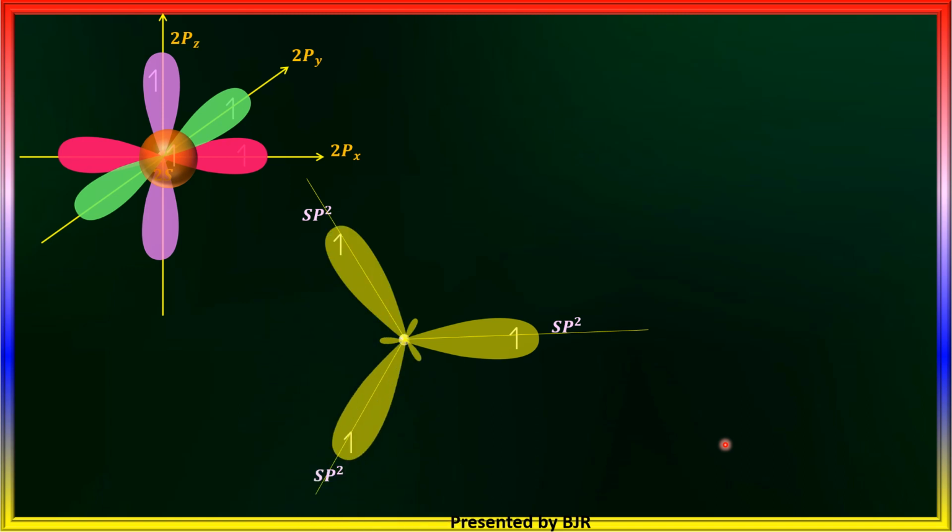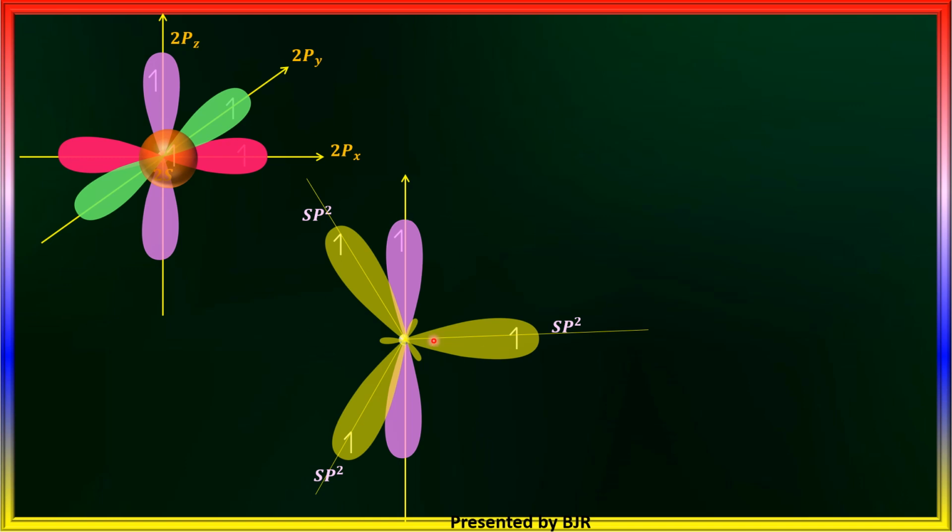That is, any two sp2 orbitals get separated by 120 degrees around the nucleus of carbon atom, and each sp2 orbital gets one electron, and there is one orbital in carbon atom which hasn't participated in hybridization, that is 2pz orbital.